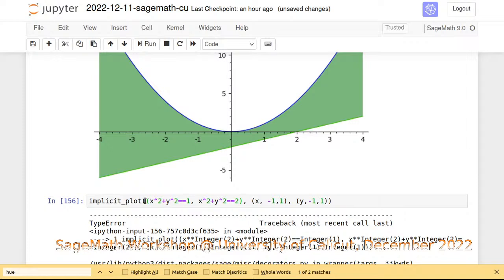But x equal to 0, there is no control over y, right? Okay, let me just see. X minus 2 is equal to 0. That is implicit plot once again.